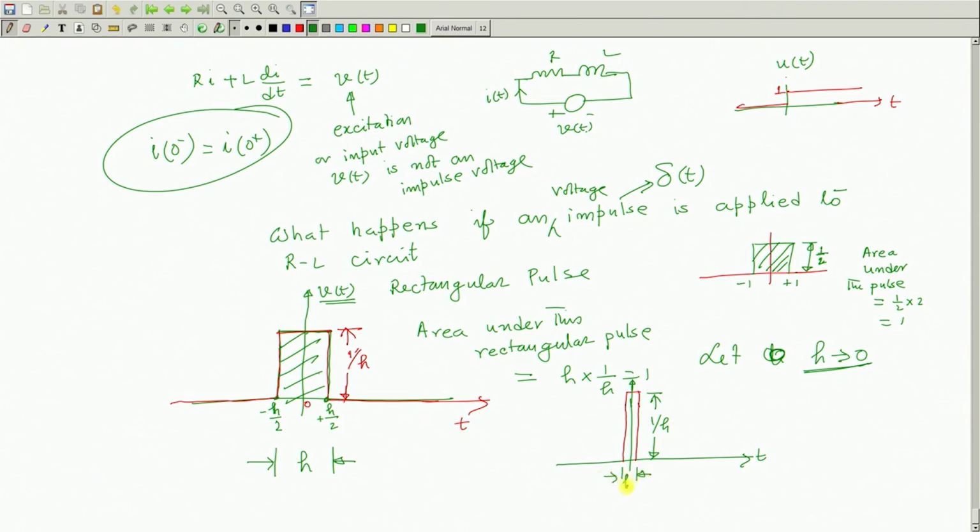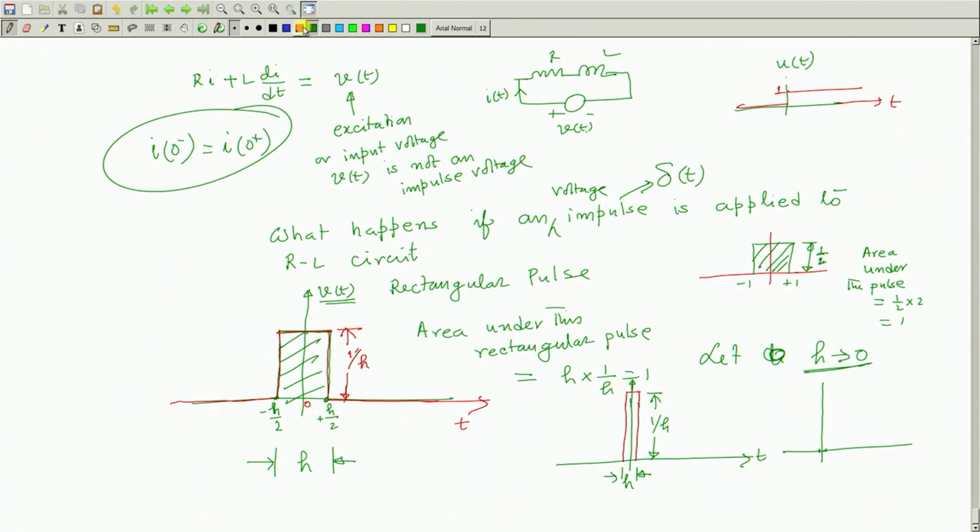As I say h tends to 0, I will not really make h equal to 0, but as small as I can, between 0 minus and 0 plus.